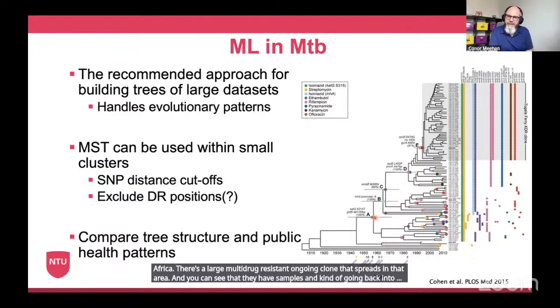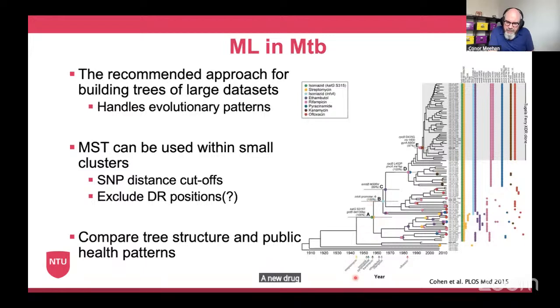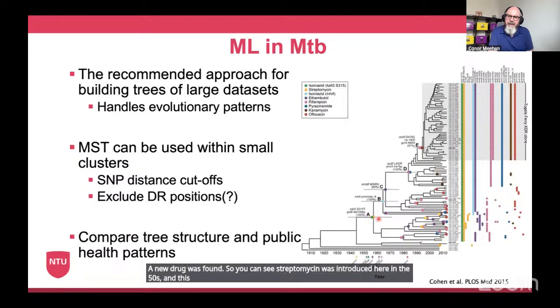And they've basically shown that every time a new drug was found, so you can see streptomycin was introduced here in the 50s, and this strain had already gained a mutation to that by the 1960s here. This is more of a phylogenetic approach here, but what we're doing is we're lining up our drug resistance patterns here and finding where are the entry points? When do these drug resistances appear in this clone?